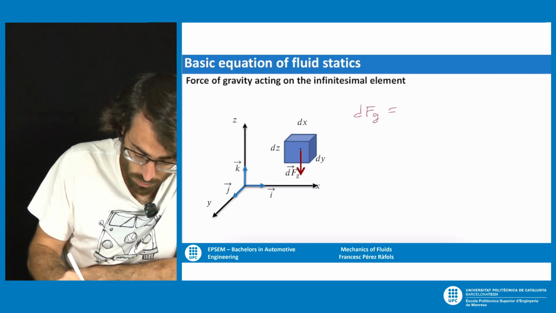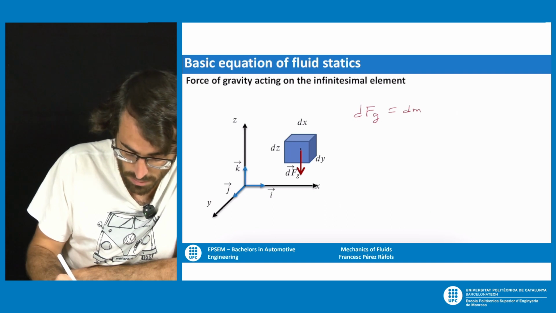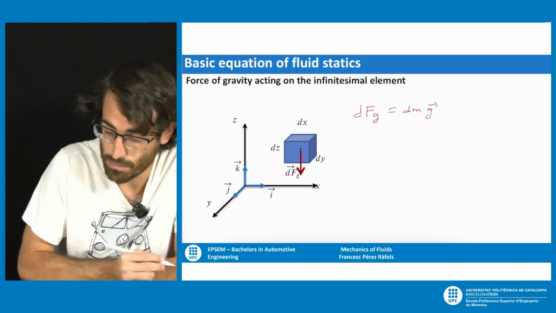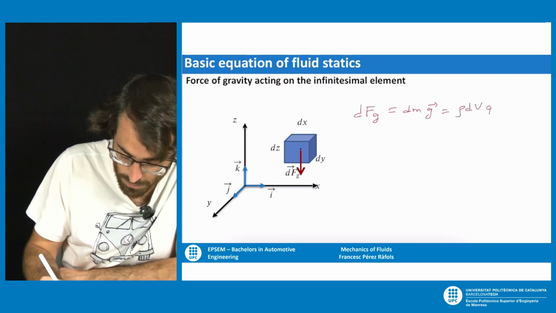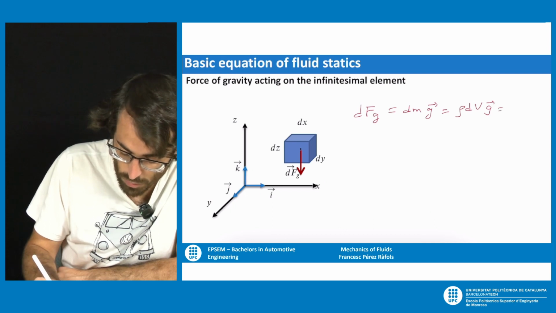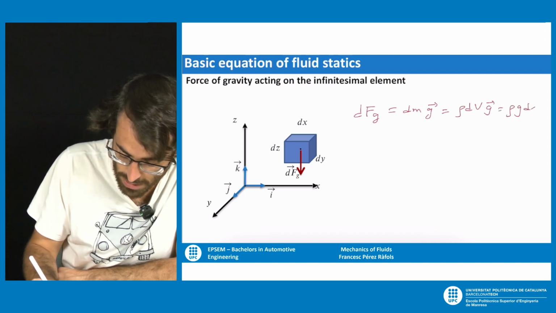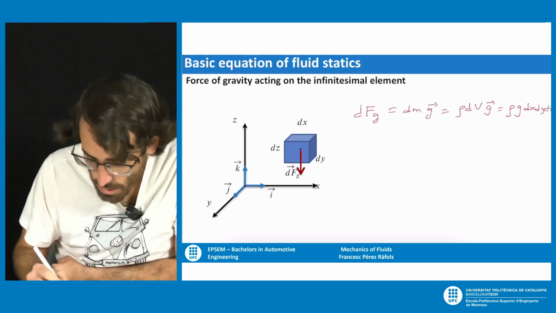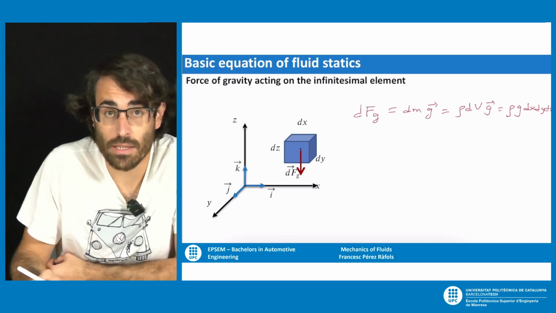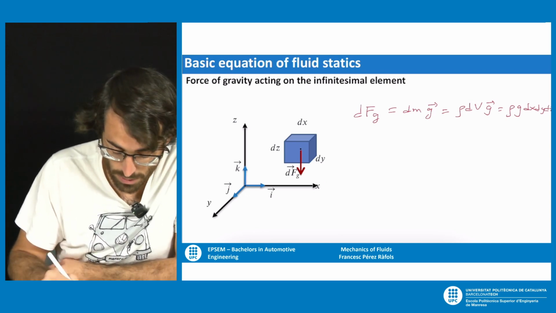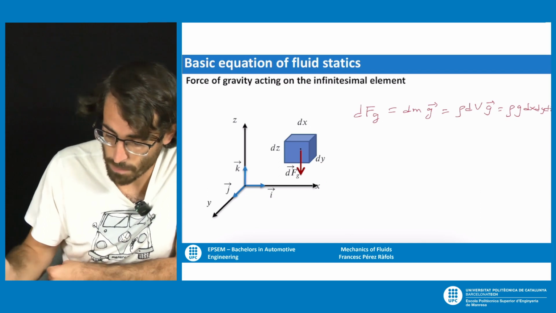This force, gravity, is simply mass times acceleration, being a vector, and the mass we can write as density times volume, and the volume we saw before was just dx dy dz. And of course here, because the element is so small, we can consider the density as constant even in a compressible fluid.